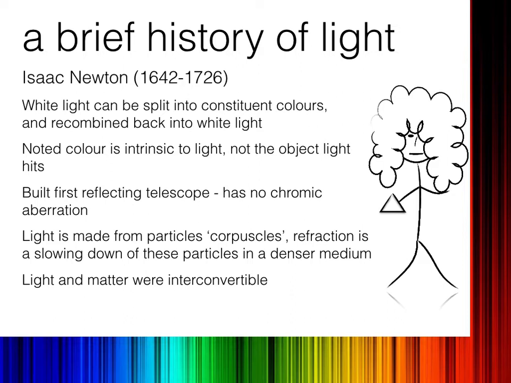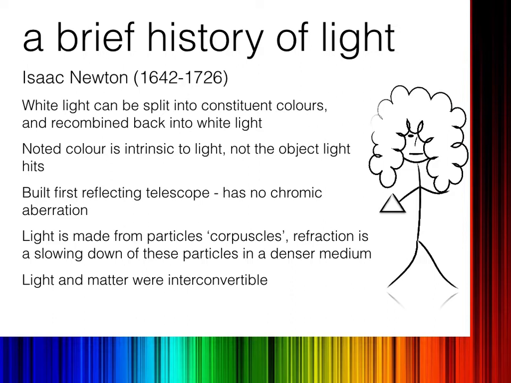Newton also said that colour was intrinsic to light itself, not the colour of the object it hits. He worked out that you could make something look a different colour depending on what wavelength of light you shine on it. So if you take creamy yellow parchment in white light and you shine red light on it, it looks a different colour.